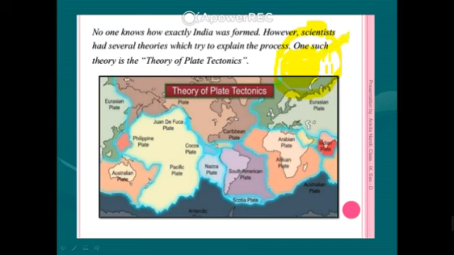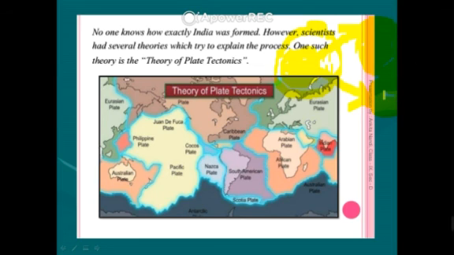Okay, and from Pangaea, two parts separated. First one is Laurentia and second one is Gondwana. Okay, so Laurentia and Gondwana. Suppose this is your Laurentia part and this is your Gondwana part. So two parts separated from Pangaea.